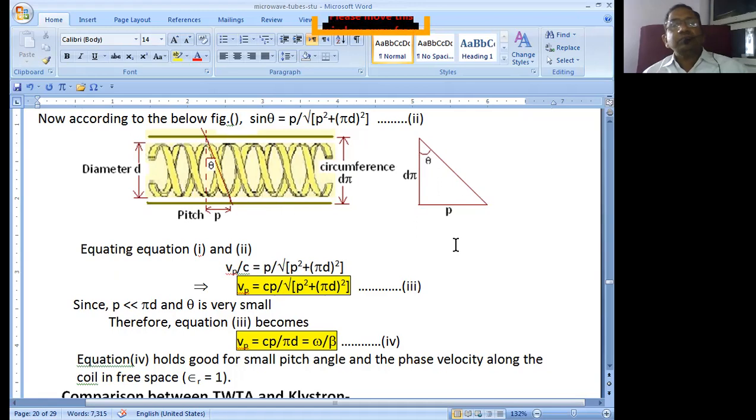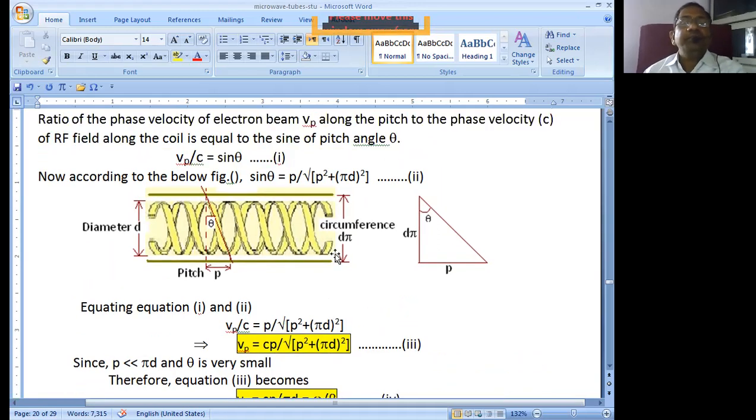Okay. Now here, what we can write is like this. We have to get a relationship for the velocity ratio of the phase velocity of the electron beam along the pitch to the phase velocity of the RF field. So the ratio of the phase velocity of the electron beam to the phase velocity of the RF field we are going to find out.